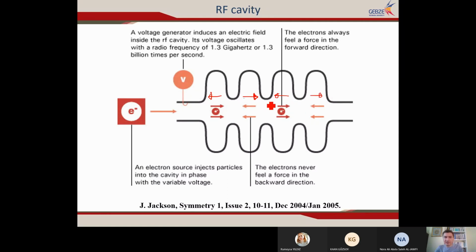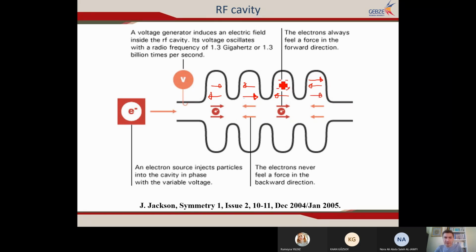So when the electron enters the third part, what do you see here? Backward. Then change it to forward. If I change it to forward, then this will be backward, this will be forward, this will be backward. When the electron enters the last cavity, then I change the voltage source to provide a force acting along the forward direction.